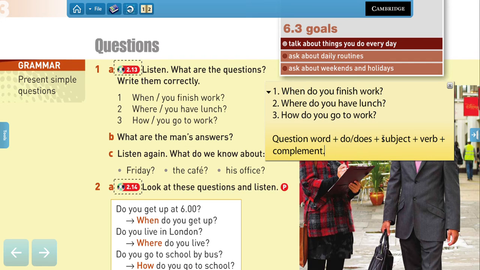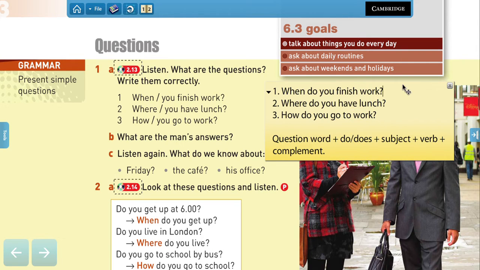So this is the kind of formula that you have to follow if you want to create questions in the simple present. The question word, do or does, the subject, the verb, like finish, have or go, and then the complement. That would be work, lunch, or to work. Depending on the verb is the complement we're going to use. All right?